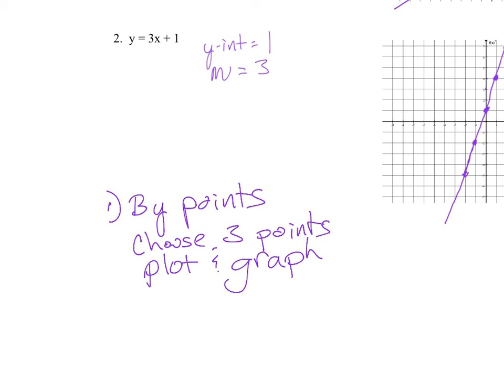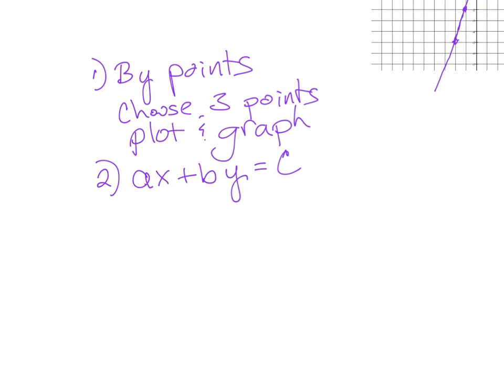Okay? If, on the other hand, it gives you an equation as something like that, okay? X and Y on one side, a constant on the other. This you're going to graph by intercepts. So, x equals 0, y equals 0, plus 1 point.